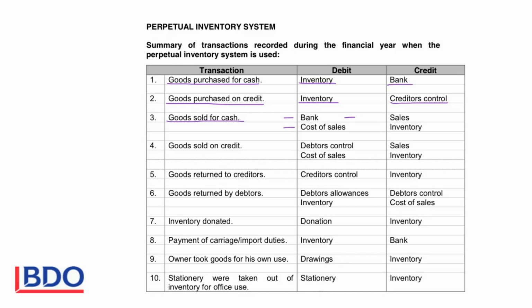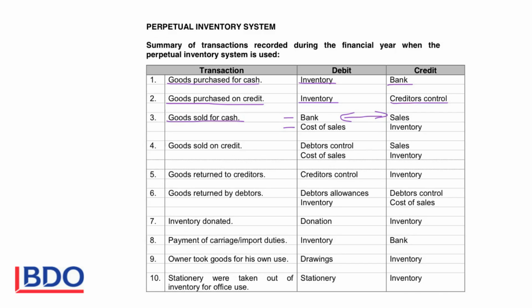So the first one at sales price, we will debit the bank to increase the amount of money in the bank with the sales price, the money that we actually received. Our income is at sales price because that is the amount that will increase my profits.